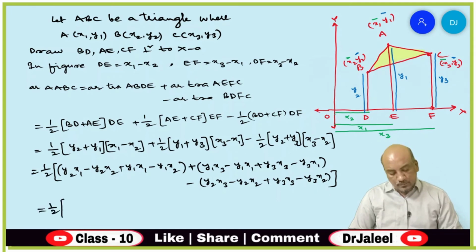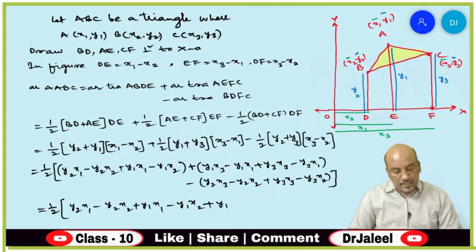1 by 2, let's open all the three brackets here: y2 x1 minus y2 x2 plus y1 x1 minus y1 x2 plus y1 x3 minus y1 x1 plus y3 x3 minus y3 x1.